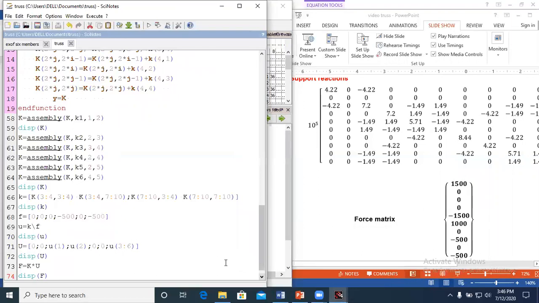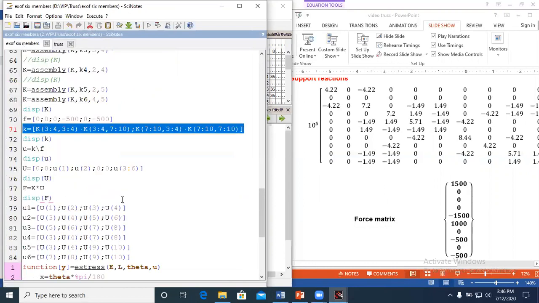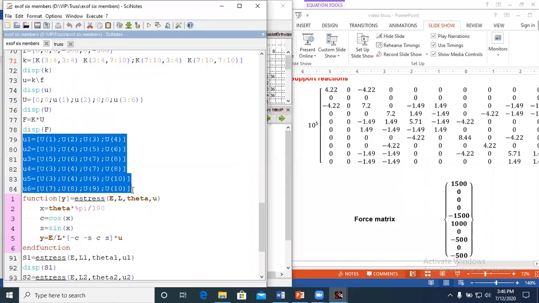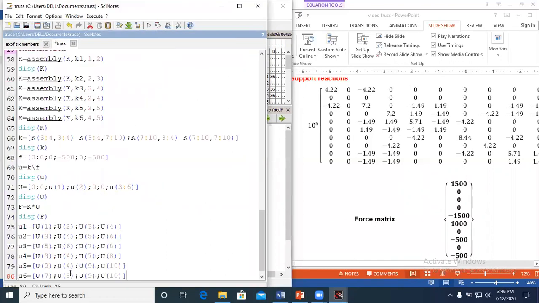After that, calculate the stress matrix. For the stress matrix, you write the displacements corresponding to the elements, and for that you use this one. See here, this is your U global displacement matrix.